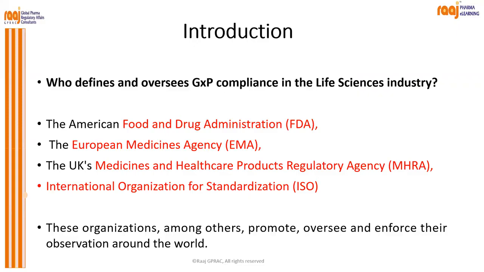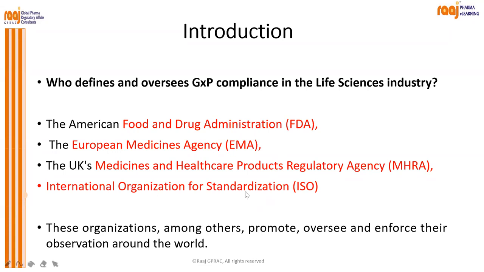Like in the pharma industry, we have ICH guidelines, right? ICH quality, safety, efficacy, and multidisciplinary. Like that, ISO standards are also very popular and very useful in our day-to-day life. So these organizations, among others, promote, oversee, and enforce their observations around the world.